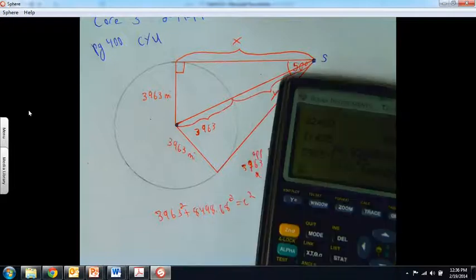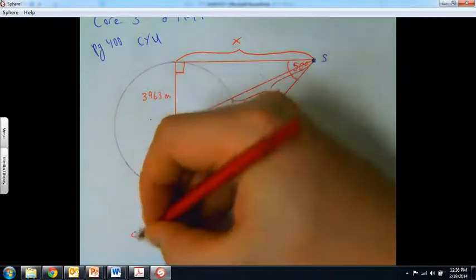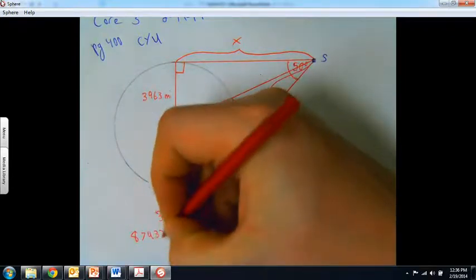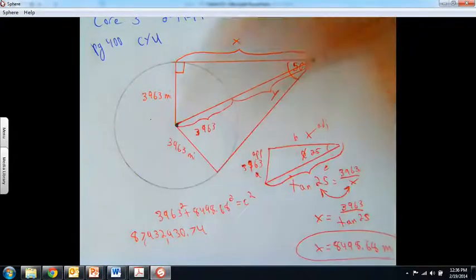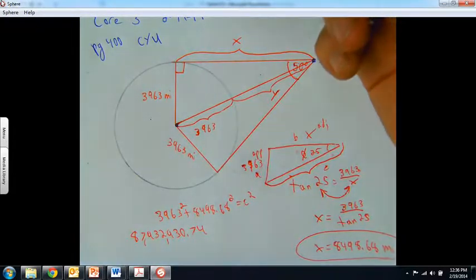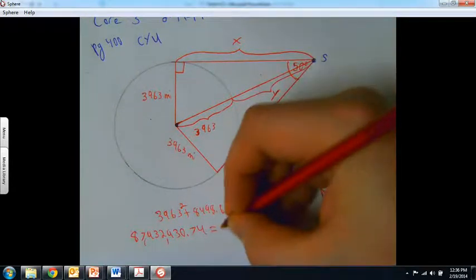Once again, that's a simple calculator step. 3963 squared plus 8498.68 squared. I get a nice long number, 8793293.74. That is what C squared equals.